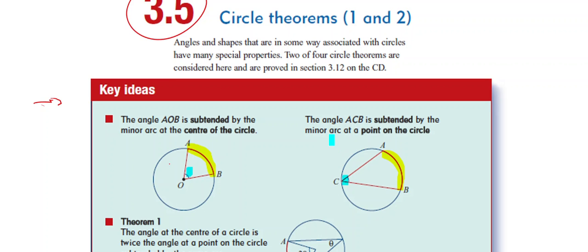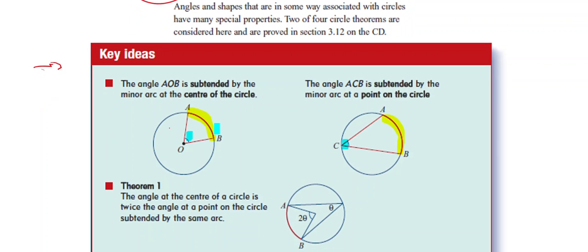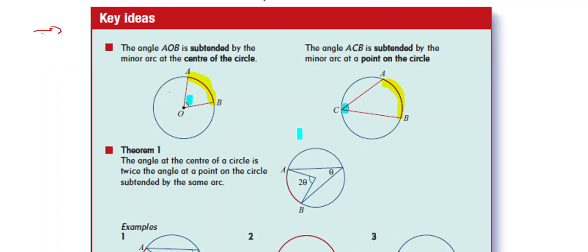Okay, there's a relationship between arcs subtended to the center of the circle by angles in the center of the circle and by the angle outside of the circle. Okay, so the relationship is this.